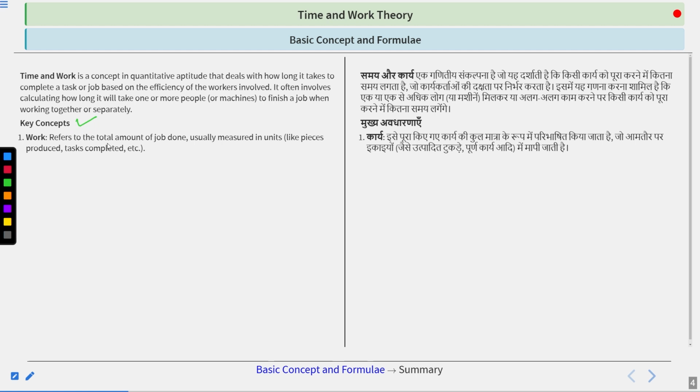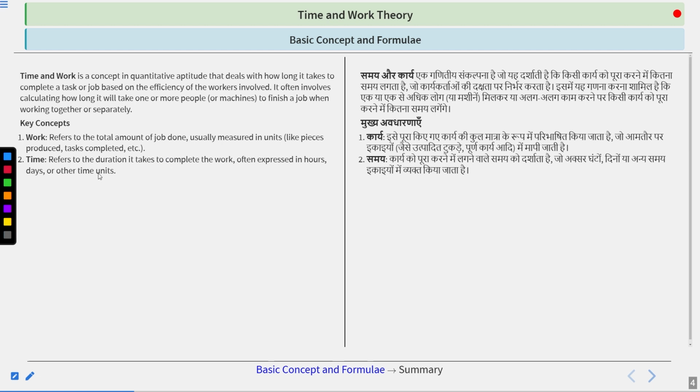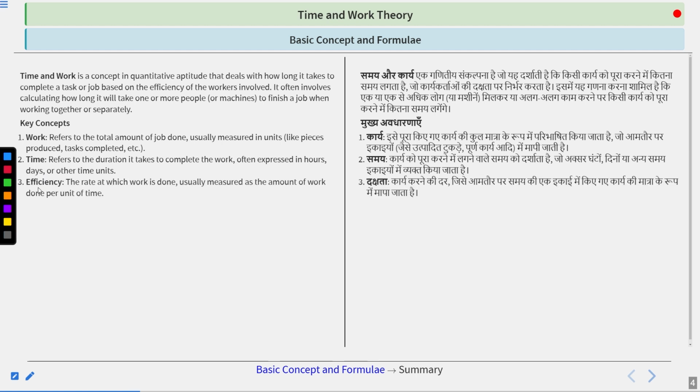Now, what is the key concept? Work refers to the total amount of job done, usually measured in units like pieces produced, tasks completed, etc. Now, what is time? Time refers to the duration it takes to complete the work, often expressed in hours, days, or other time units. Clear? So, what is efficiency?